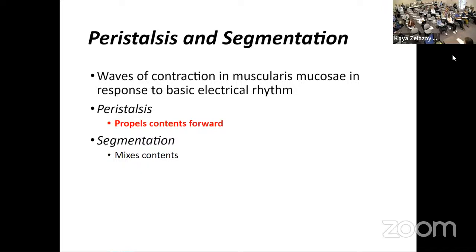Okay. So this is going to be waves of contraction in the muscularis mucosae in response to basic electrical rhythms. So this is like, think about our pacemaker cells, right? Some of the smooth muscle has a similar property where we are forming these potentials essentially. And that's where these contractions are coming from.